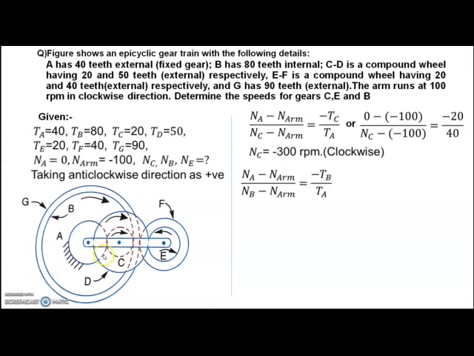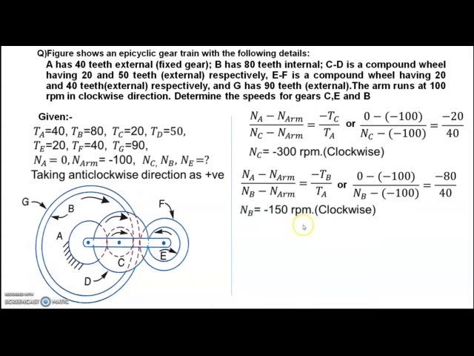You cannot write relation of A and E, because C and D is compound. If no compounding is coming between, there is only one wheel, then you can write the algebraic equation. Now here A and B. NA is 0, NR already we know, and NB we have to find out, and number of teeth for B is 80 and number of teeth for A is 40, is given.